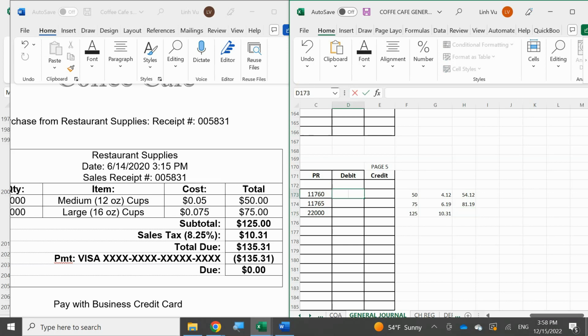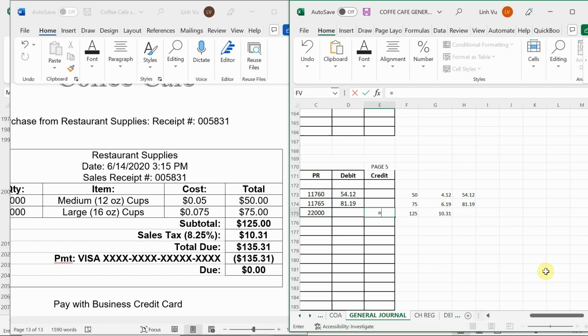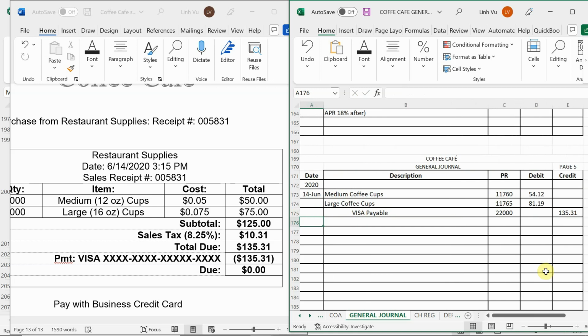You got $54.12 and $81.19 to give you your grand total of $135.31.